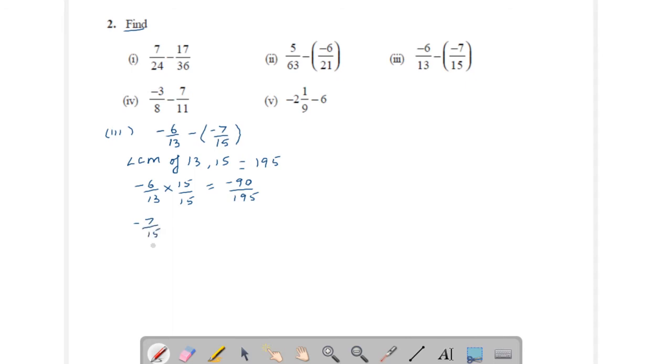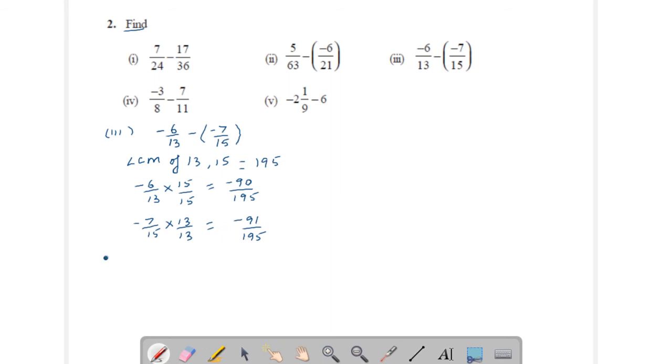Here denominator is 15. So divide 195 by 15. You will get 13. Multiply 13 in both numerator and denominator. You will get minus 91 upon 195.